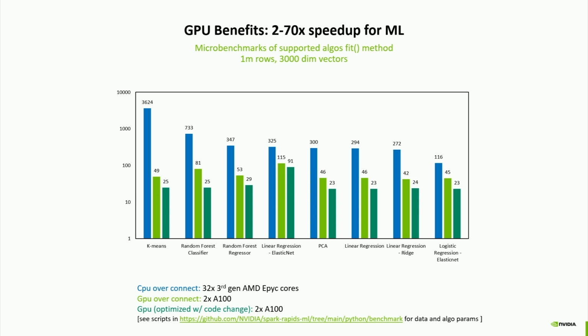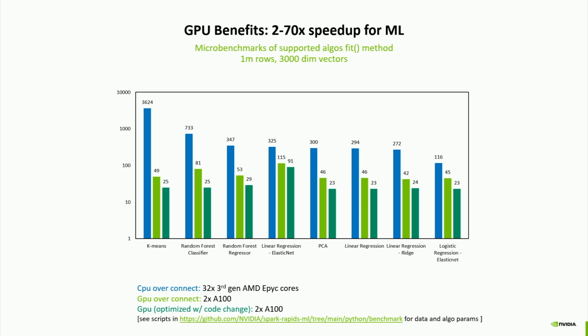And this was run over Spark Connect with Spark 4 using the Rapids accelerator for ETL and ML. The only ETL in this case, though, is reading Parquet format and also converting from array type in the format to vector type. For the CPU side, we had 16 cores per GPU, so a total of 32 cores.